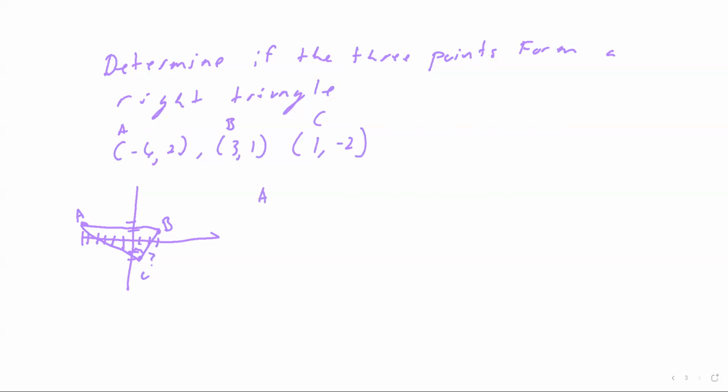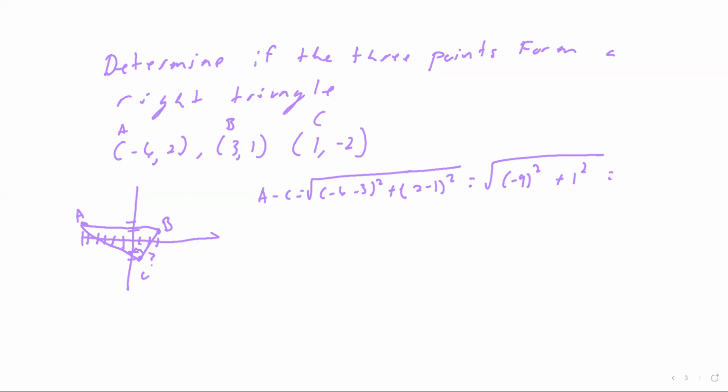From A to C, the distance is equal to the square root of -6 minus 3 squared plus 2 minus 1 squared. Do the math here. -6 minus 3 is -9 squared plus 2 minus 1, 1 squared. And again, it won't matter the order here.